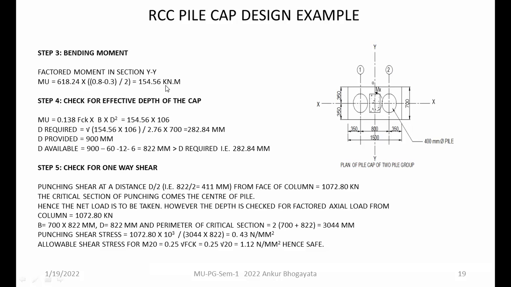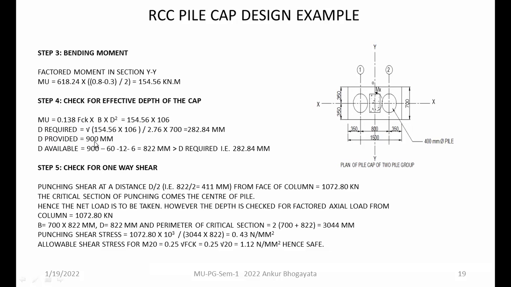So you will get your moment which is acting on this section, and based on that you will be getting your depth requirement. Here you can see the depth is obtained by the very well known equation 0.138 fck b d square. That will provide you the requirement of the depth of this pile cap.